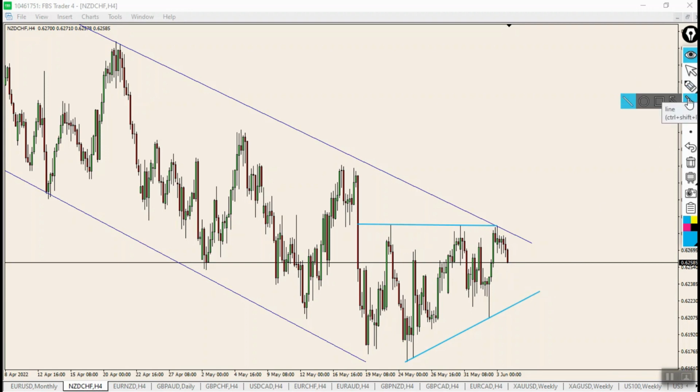So when it comes to this pair, NZDCHF, I am anticipating some drops, some sell opportunity for the week ahead, but we're not exactly sure whether it's going to bounce off this trend line and give us a fourth touch, or go all the way to the bottom and give us a triple bottom, or continue to trickle down with the downtrend.